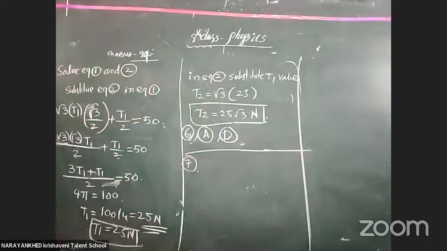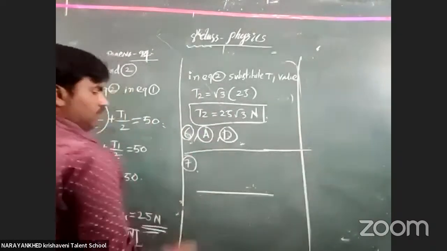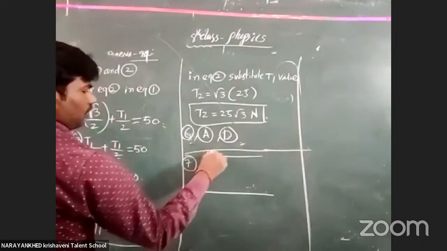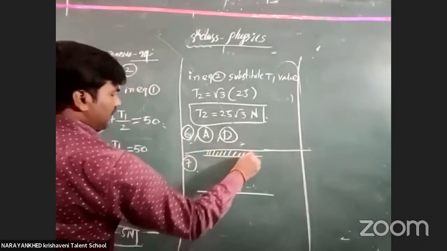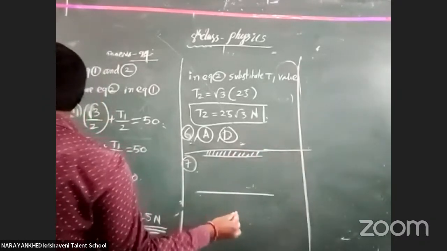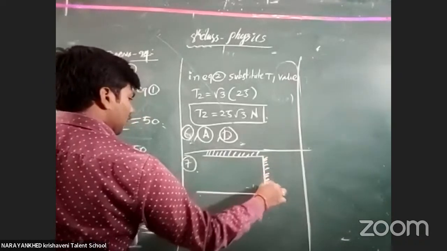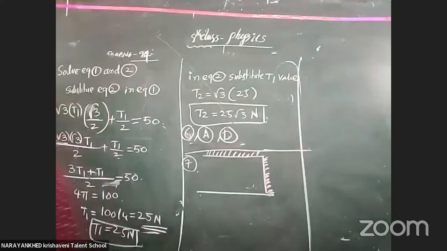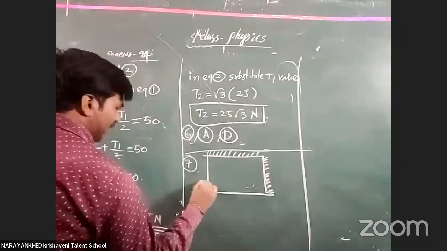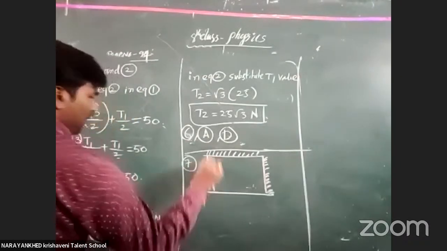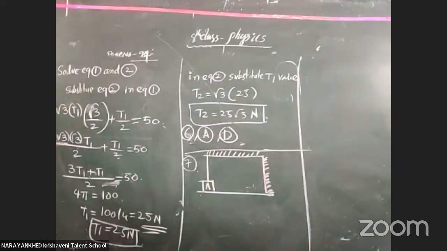Whatever the diagram it is, the diagram is given like this. One more here, for suspension purpose, is taken like this. What is given? Simply A. It is not depending on any other thing. There is only one string, angled like this.